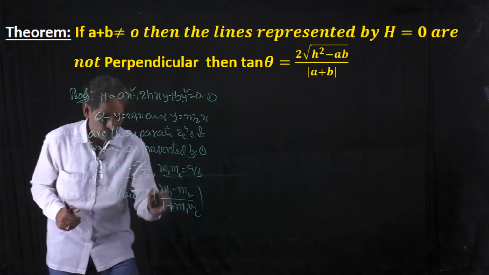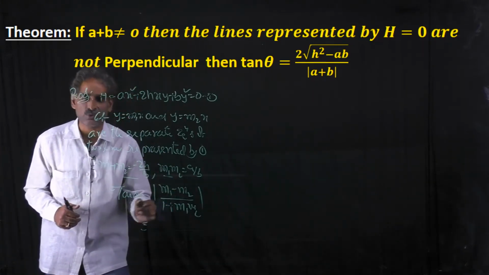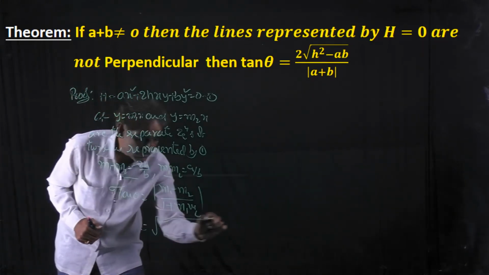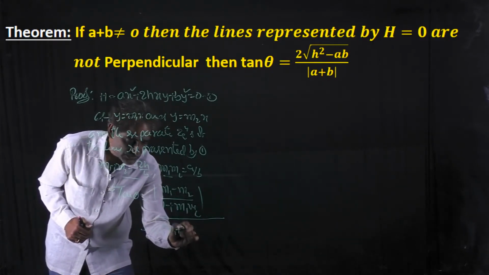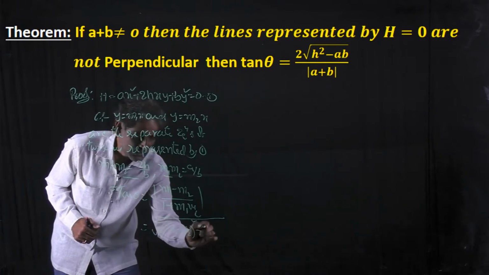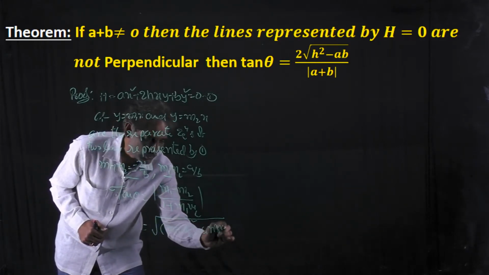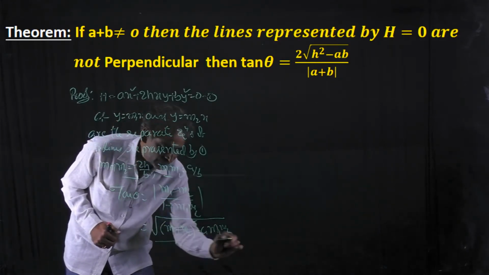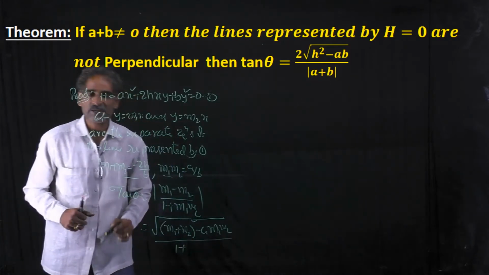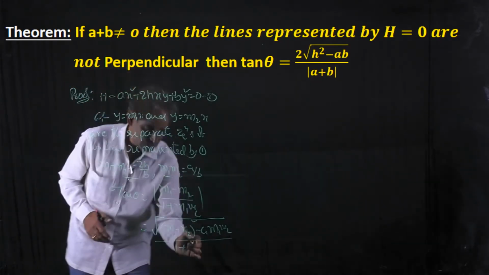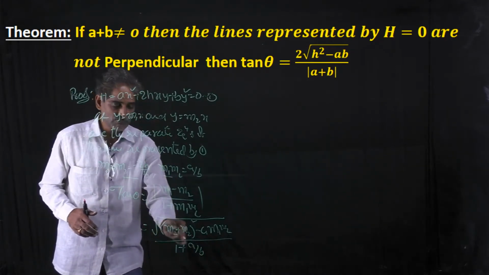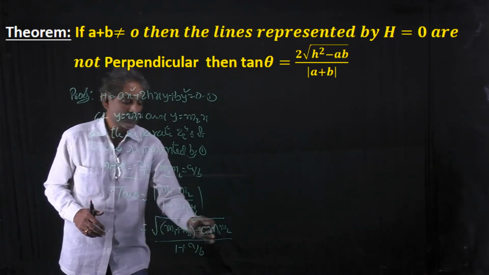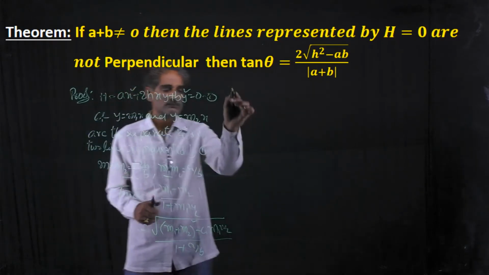So we can write m1 minus m2 equal to square root of m1 plus m2 whole square minus 4m1 m2, divided by 1 plus m1 m2, which is nothing but a by b. Just simply replace m1 m2 by a by b. Now write down m1 plus m2 equal minus 2h by b and m1 m2 equal to a by b.